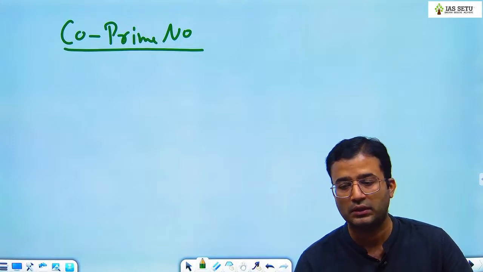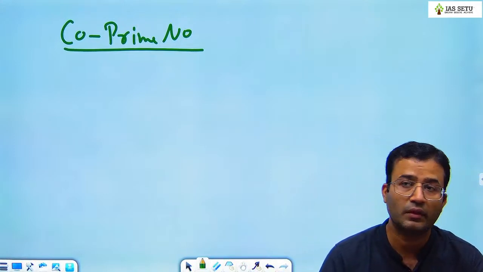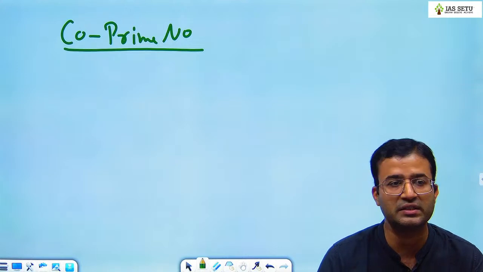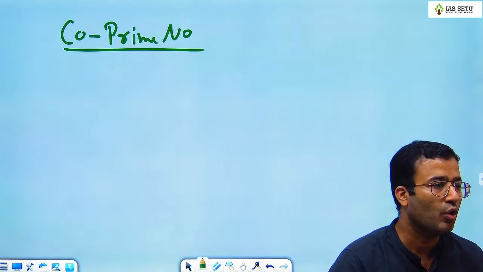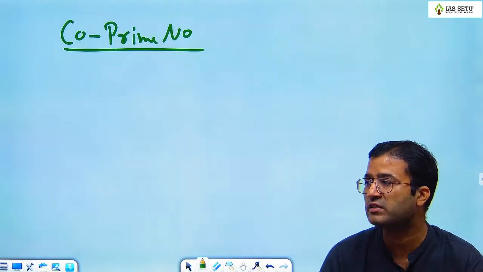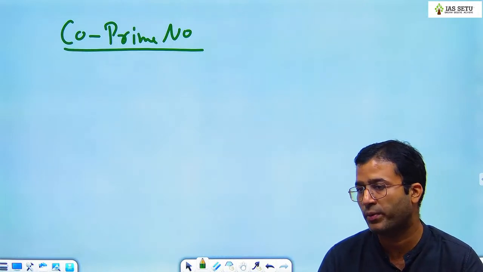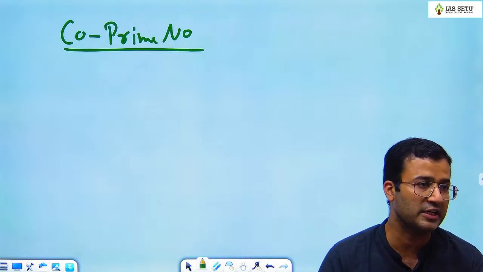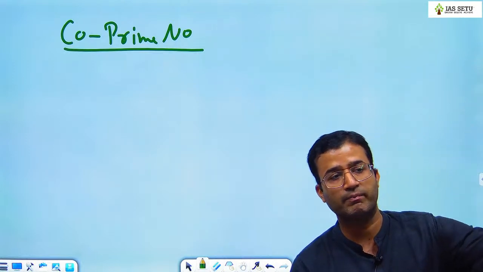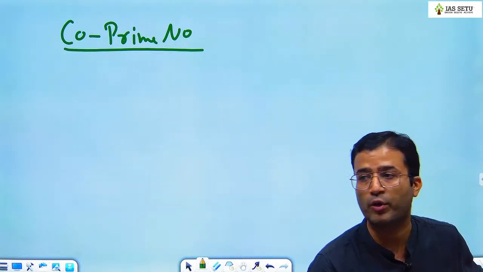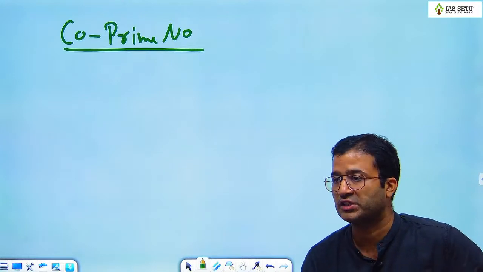Now here, just help me out to know what information you have as far as co-prime is concerned. Do you know anything about co-prime, it can be a definition, it can be any example, or it can be any property of co-prime, if you know by chance.